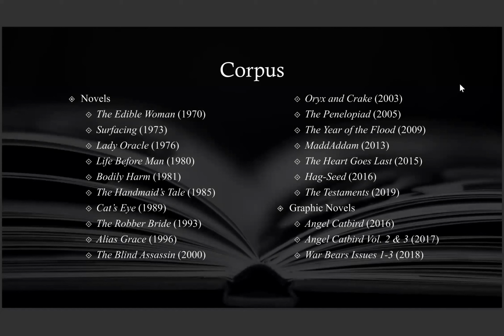So, as I've mentioned before, Margaret Atwood has published quite a lot, and even though I tried to narrow it down, I'm down to 17 novels, and I did one in the first year. It was like a challenge. And then there are 2 graphic novels that she has.